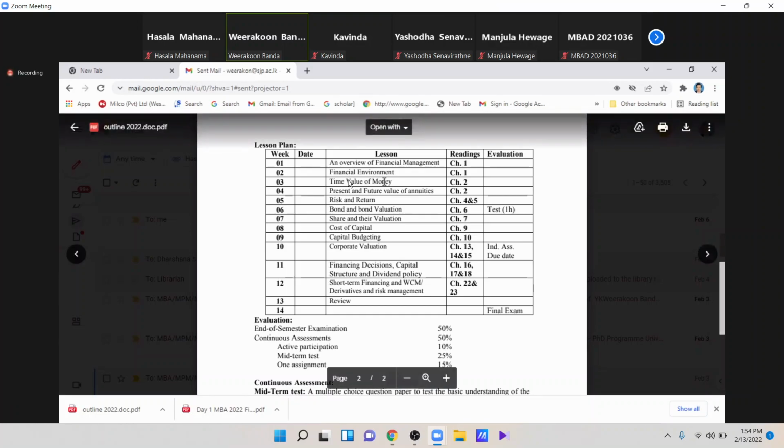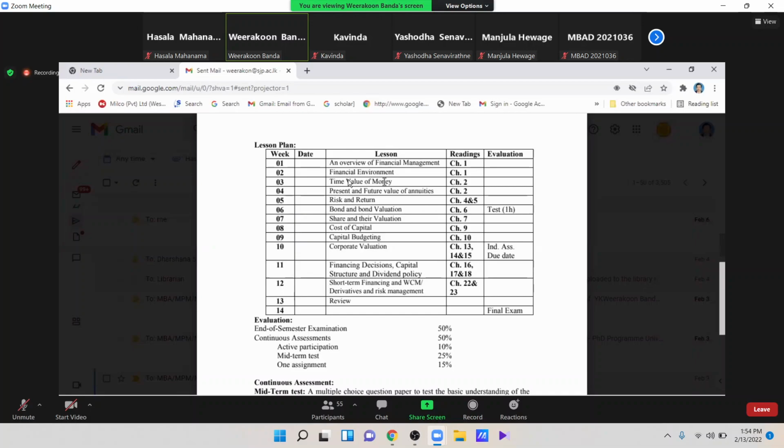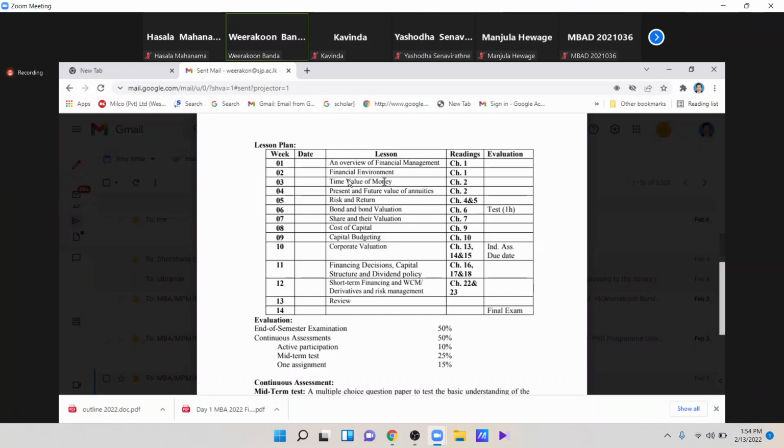That part we discuss under time value of money: present and future values and annuities.